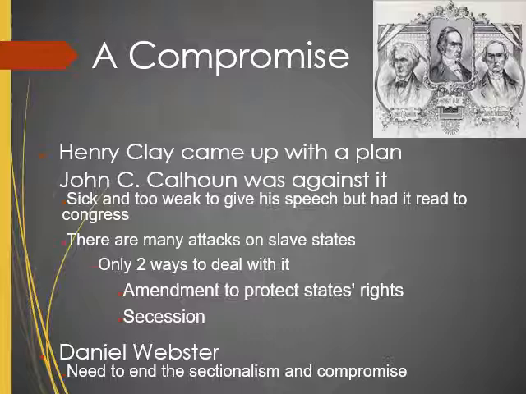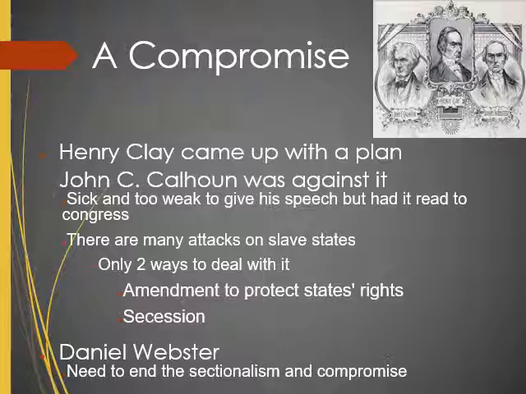We are being attacked constantly. You're trying to get rid of slavery slowly. There are only two ways that we can deal with it. We either need a new amendment in the Constitution that says states can do what they want, we can keep our own rights, or we need to secede from the country and become our own country.